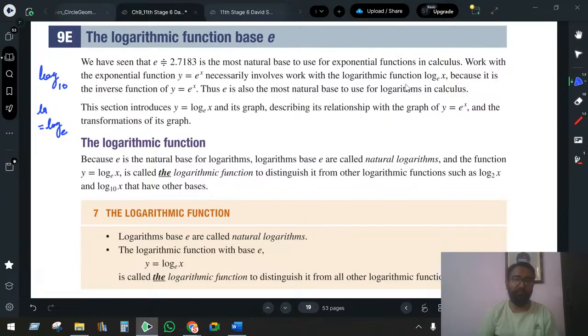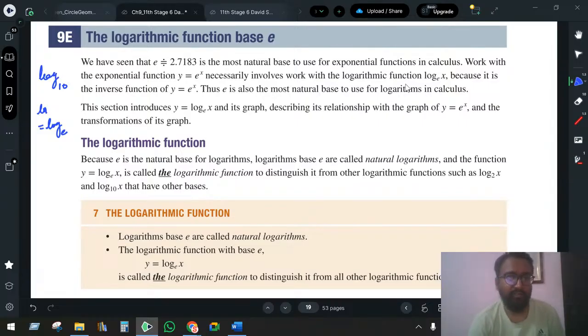The inverse of e power x is log. So if you want to work with e power x, you need to involve the logarithmic function log x base e, because it is the inverse function of y equals e power x. Thus, e is the most natural base to use for logarithms in calculus.